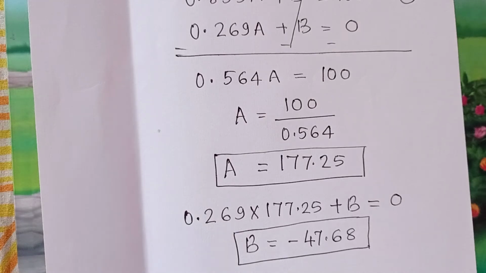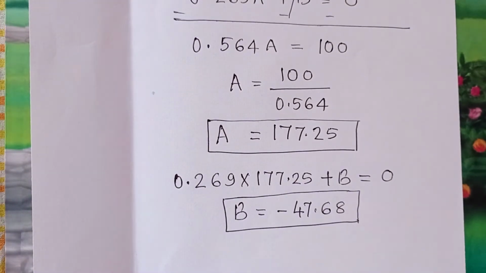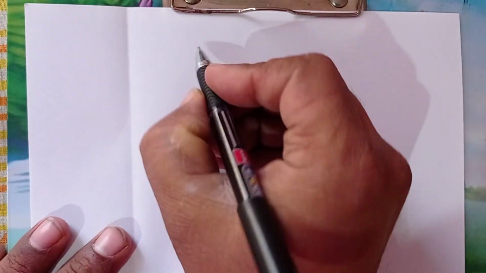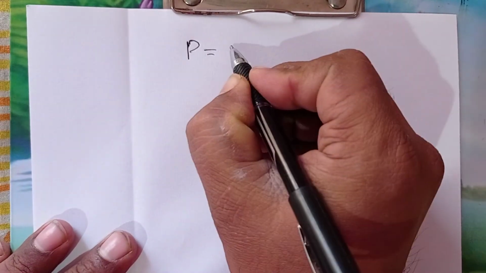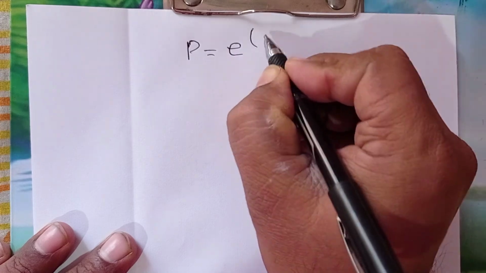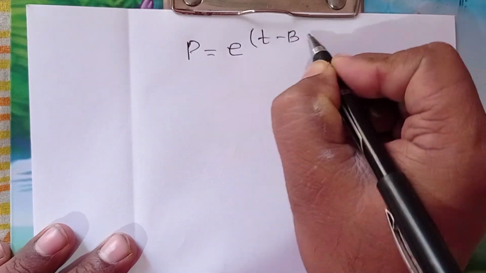Now let me find out the value of t, which I have to determine from the problem. That is, I need to find out the value of t when p is 2.5. So we have the equation p is equal to e to the power t minus b by a.